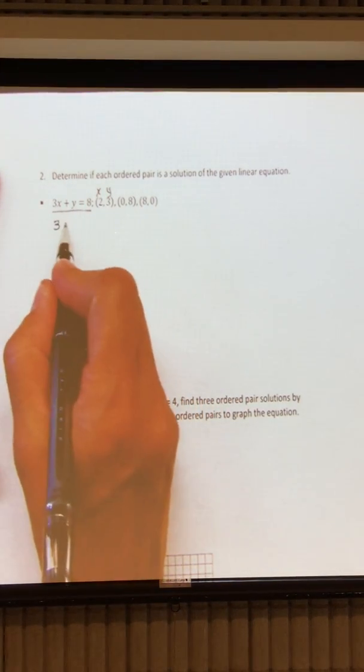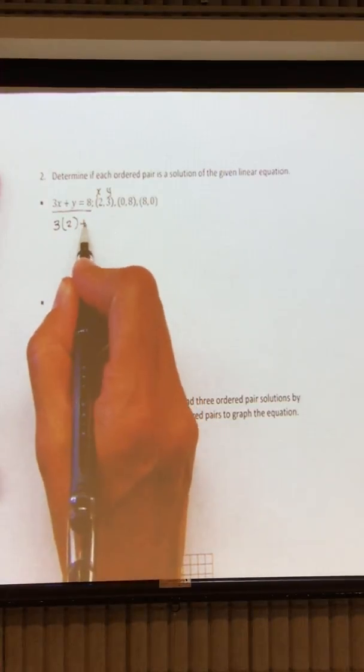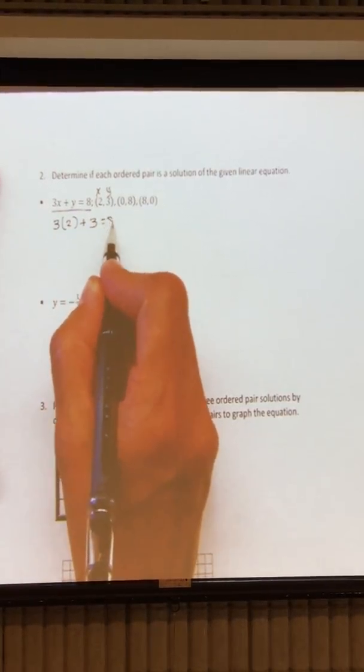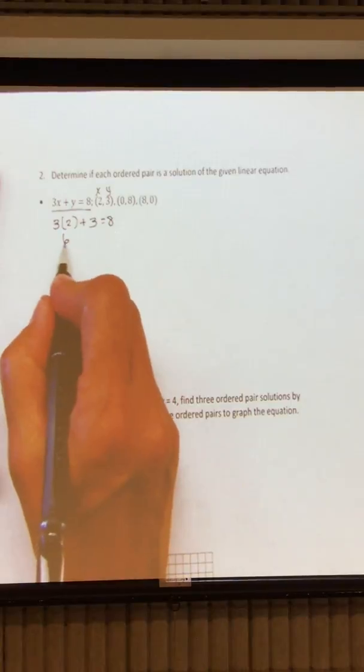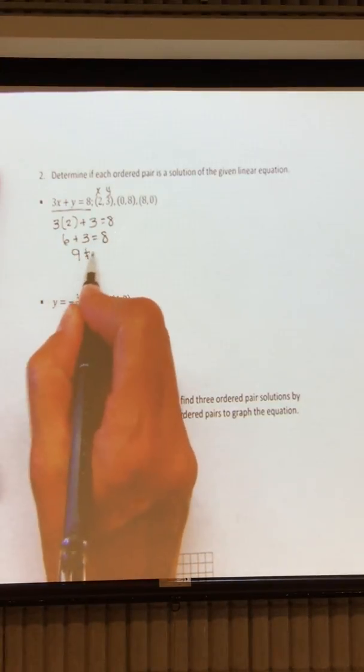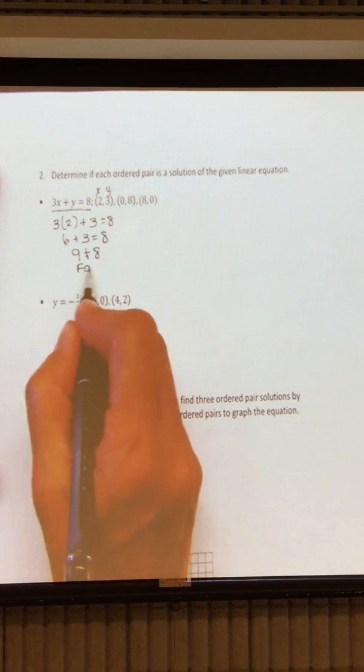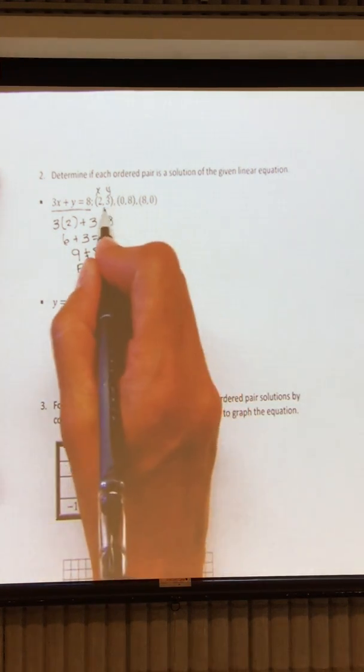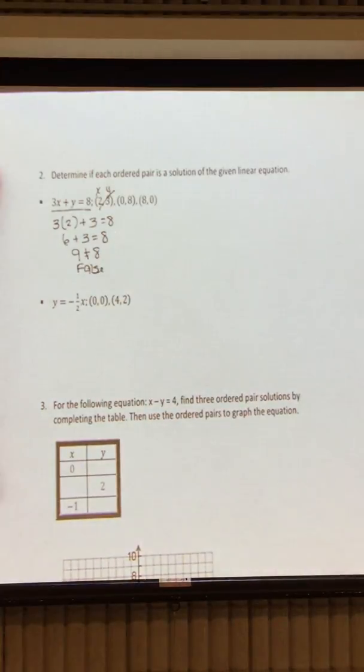So we have 3 times x, which is 3 times 2, plus y, which is 3, is equal to 8. So 6 plus 3 is 9, and that does not equal 8. False. Therefore, 2, 3 is not a solution to the given equation.